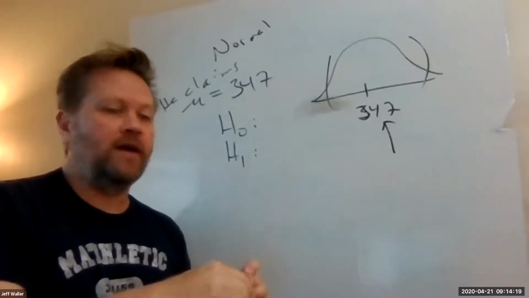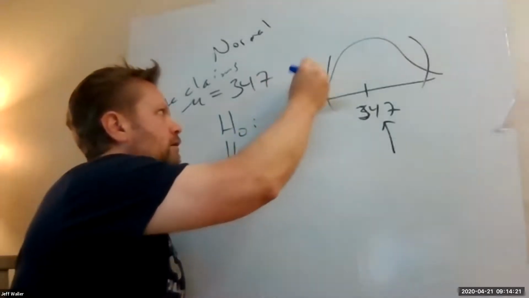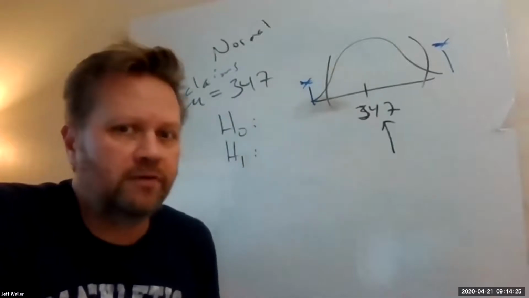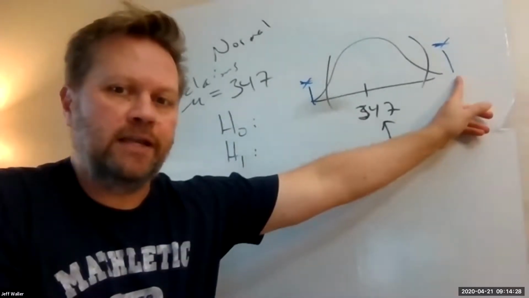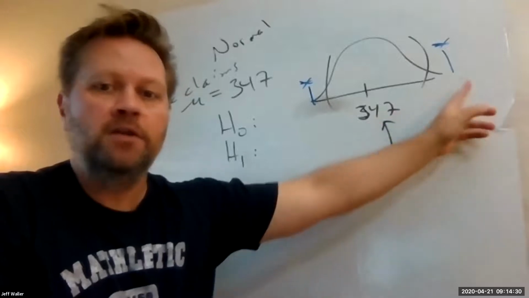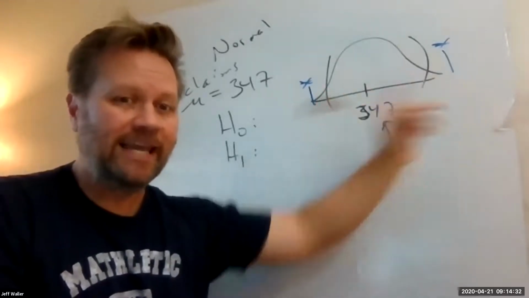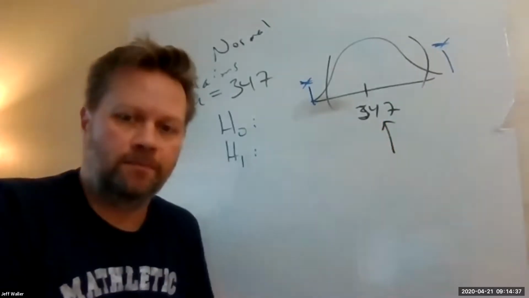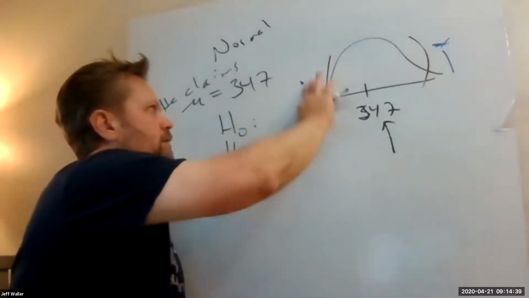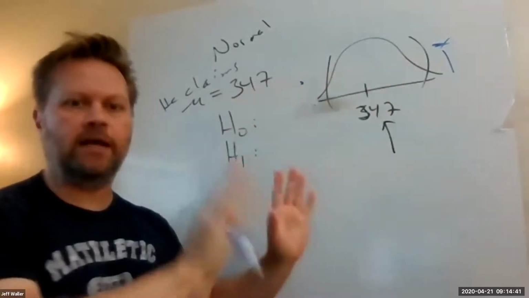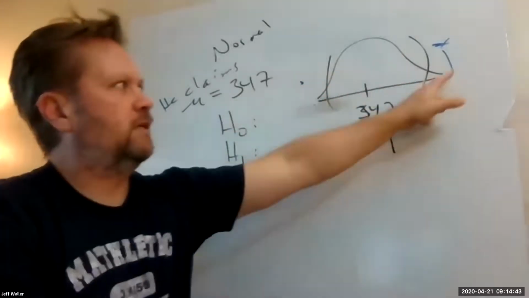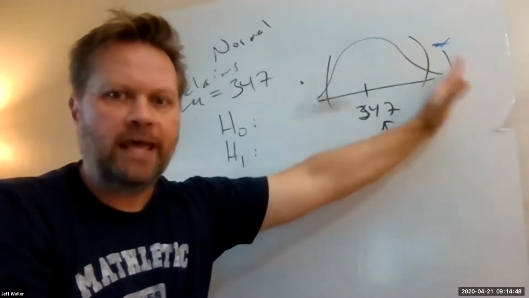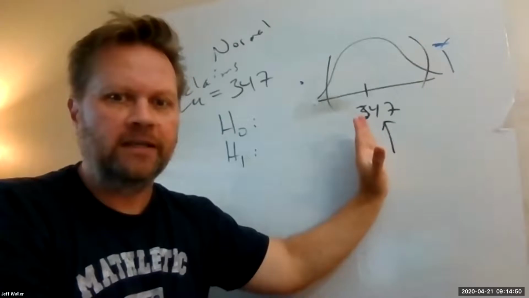So if I got a sample down here or up here, either way, that isn't proof, because is it impossible to get a sample out there if that's the real mean? No. But is it unlikely to get a sample out there if that's the real mean? Yes. So let's say I take a sample and I take the mean and I get it way up there. That would be evidence that the real mean is bigger.